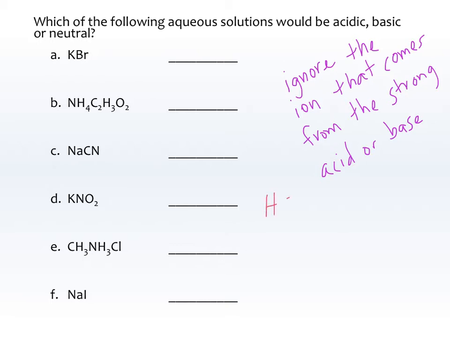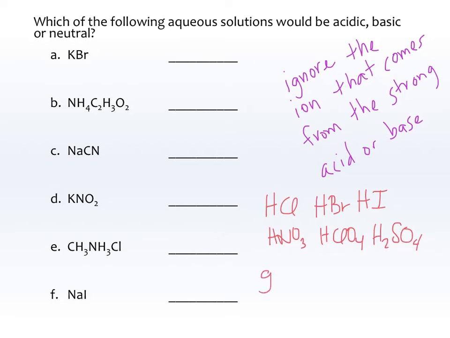Strong acids: HCl, HBr, HI, and then nitric, chloric, and sulfuric. These are your strong acids. Memorize these. And then your strong bases are group 1 or 2 with OH minus, so NaOH or Ca(OH)2. We're going to ignore the ion that comes from the strong acid or the strong base.